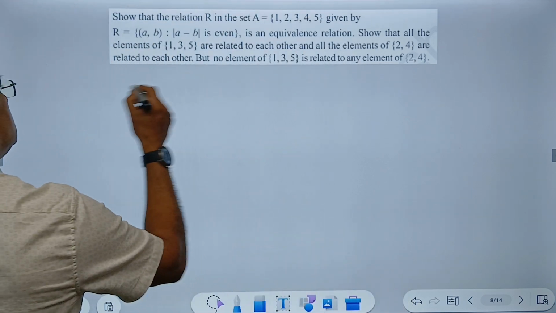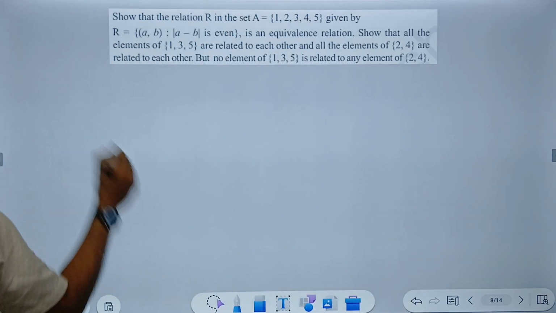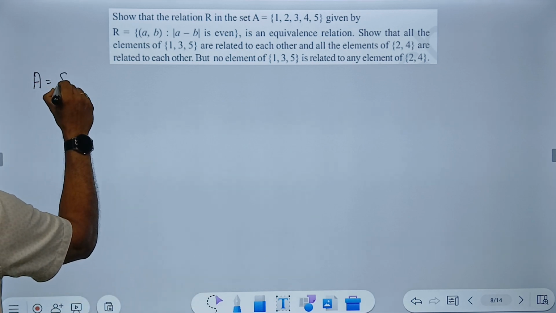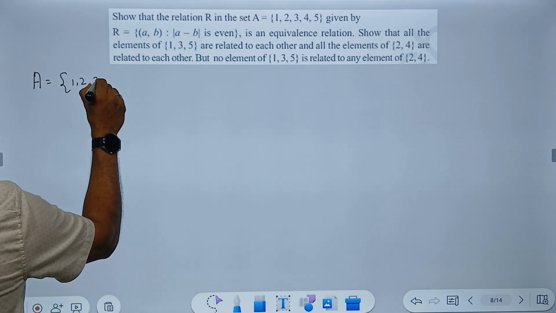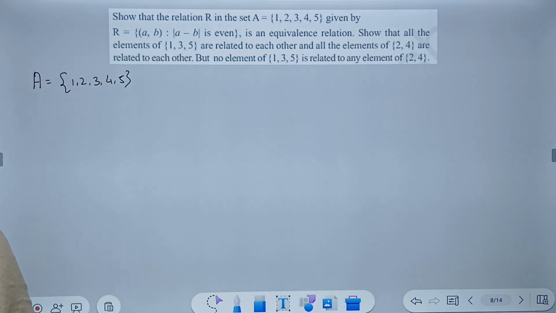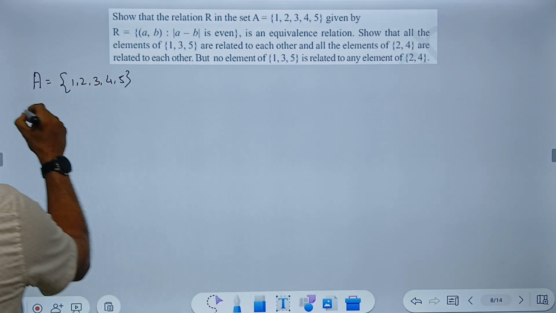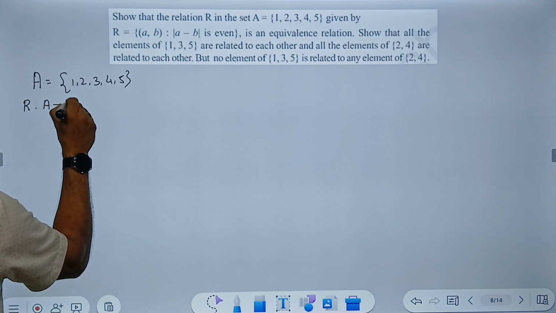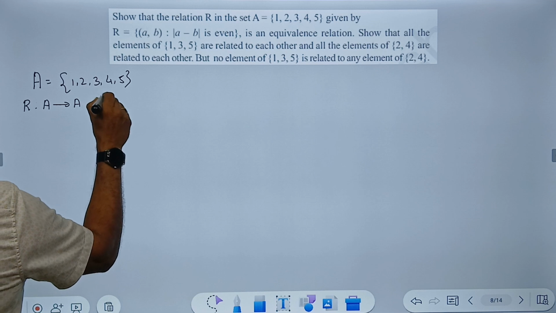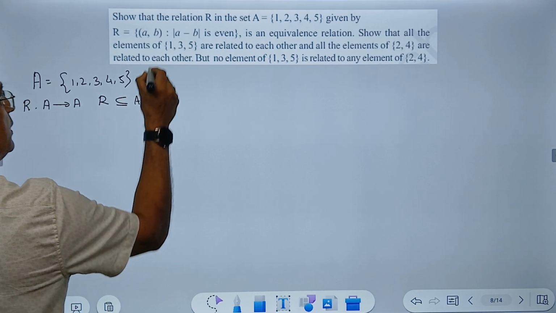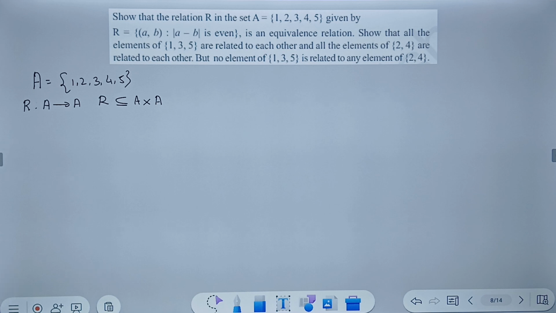Now it is very clear that you have a set A. Your set A is 1, 2, 3, 4 and 5, and he says that R is a relation on A. So R is a relation from set A to set A, and so obviously R is a subset of A cross A. Now it is defined as modulus of A minus B is even.